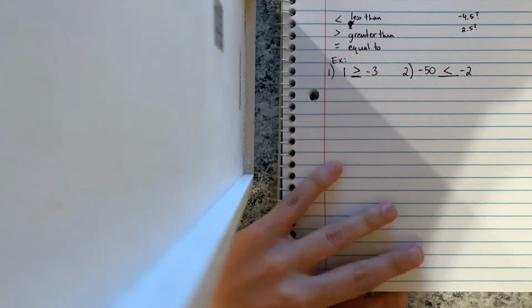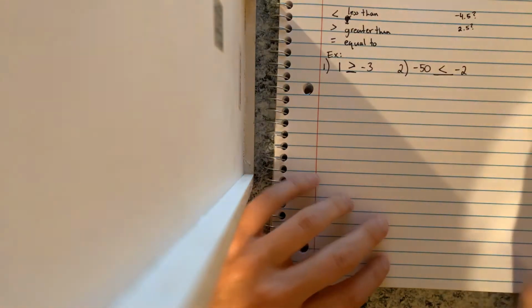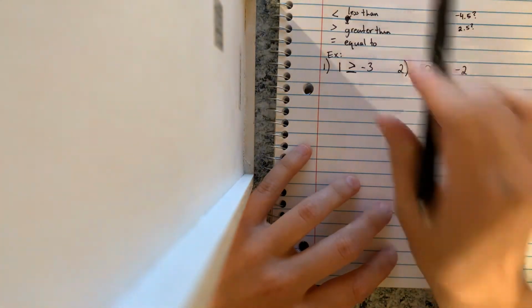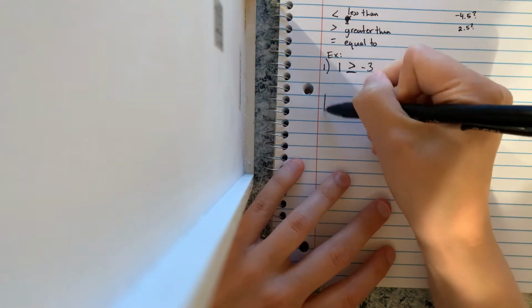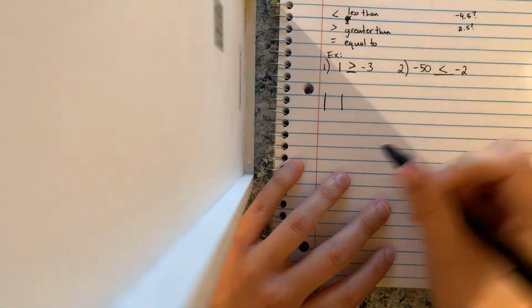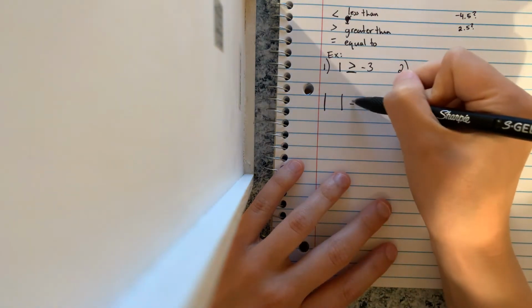Okay, so then another thing we'll go into is how our absolute values are going to work. So let's say we have the absolute value of something. That's what these symbols are. So these are absolute value symbols.